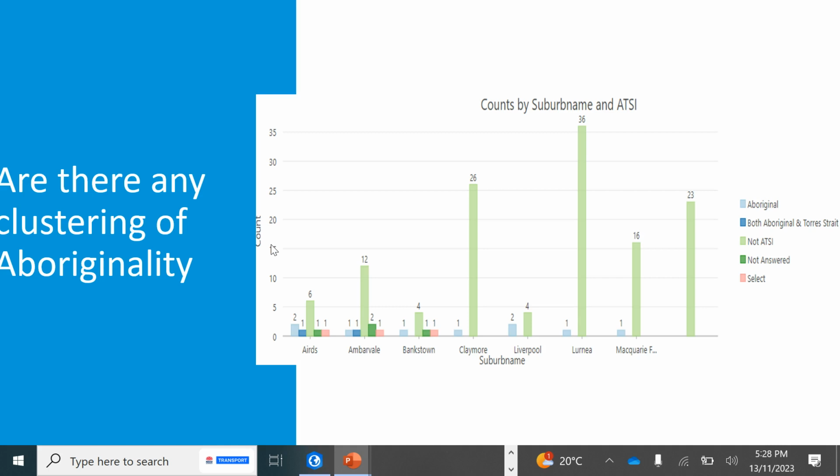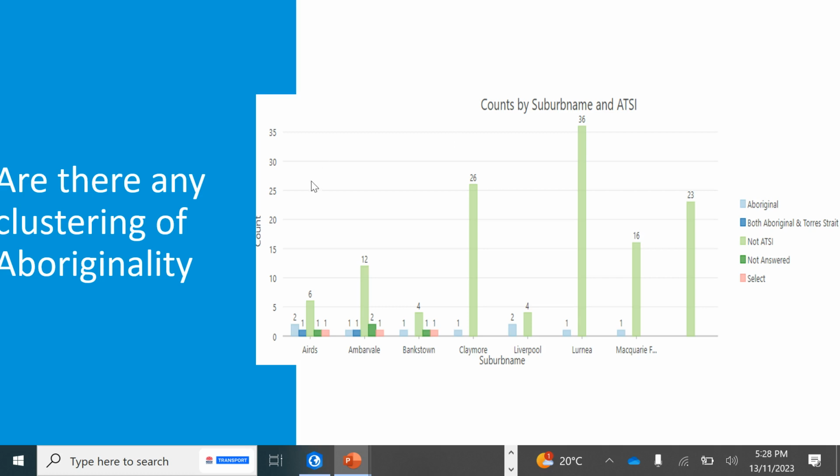Other maps were focusing on Aboriginality. So the question was, are there any clustering of Aboriginality? Because we might need to tackle some of these issues a bit differently and in a different context.